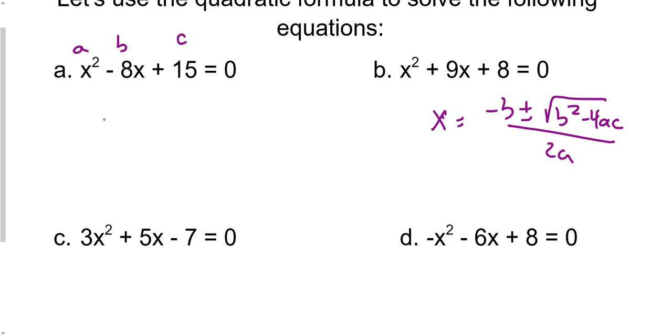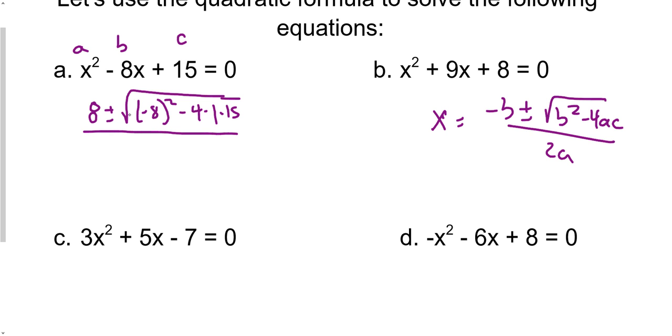All right, first things first, let's just put everything in the formula. Okay, opposite of b, so I'm going to start with a positive 8. If you've got a minus sign here, it is part of the term, plus or minus, okay? Square root of negative 8 squared minus 4 times the value of a, which is 1, because there's no number there, but the x squared does exist, times 15, over 2 times 1.